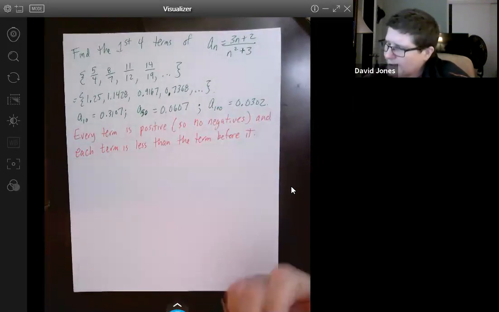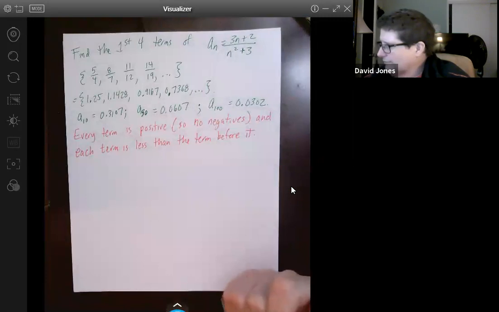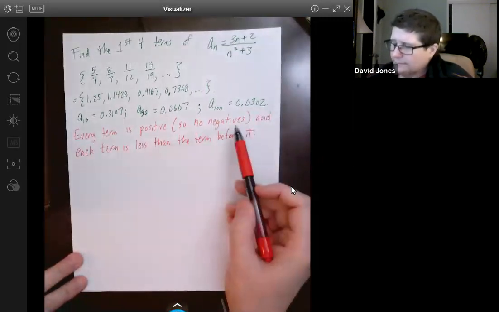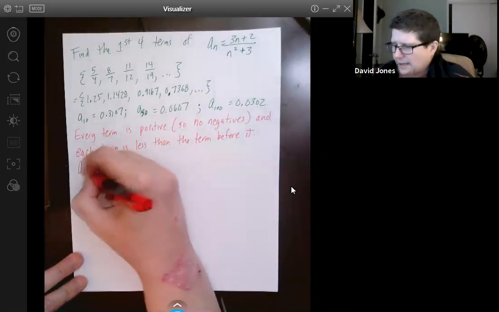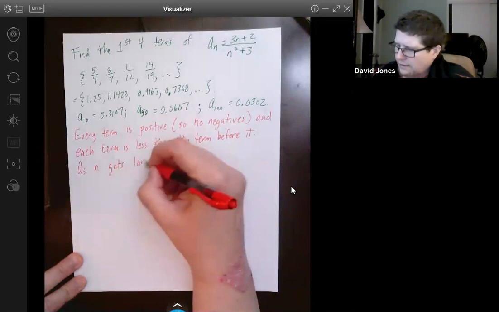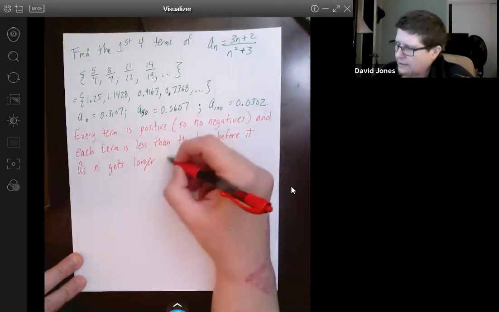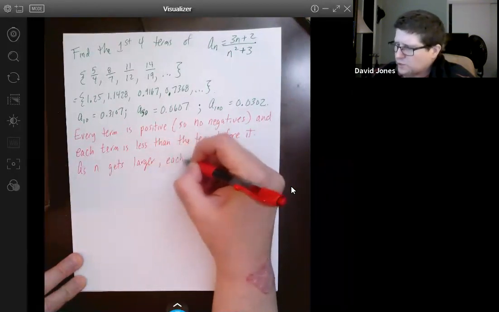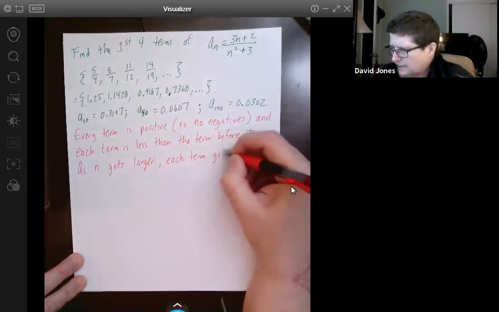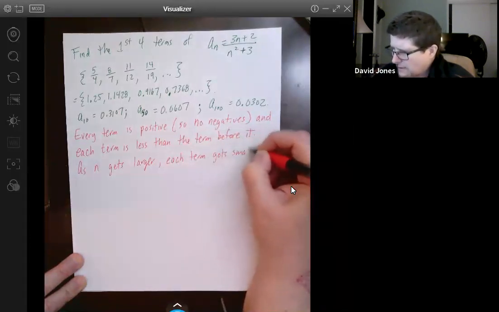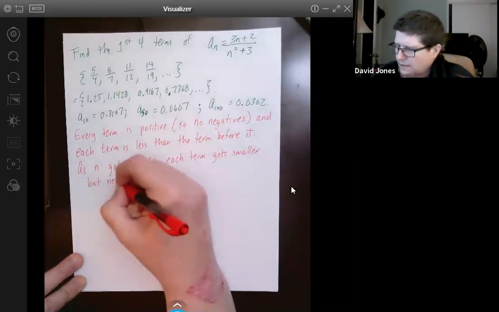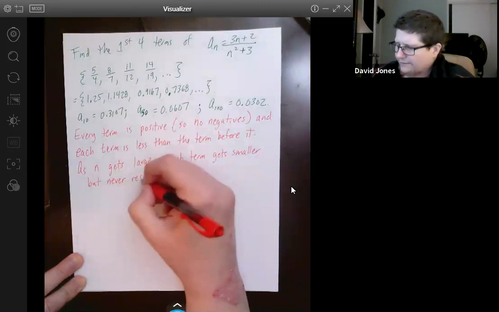So it keeps going down, but can never go negative. As n gets larger, each term gets smaller, but never negative.